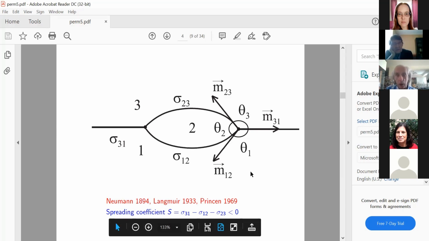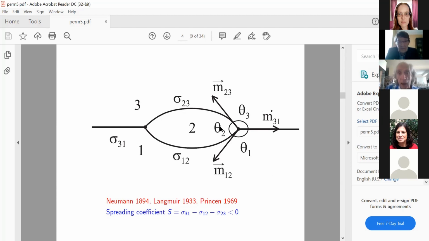If this condition is violated, then the droplet cannot exist. The liquid starts to move and cover the interface between media 1 and 3 by a certain film.